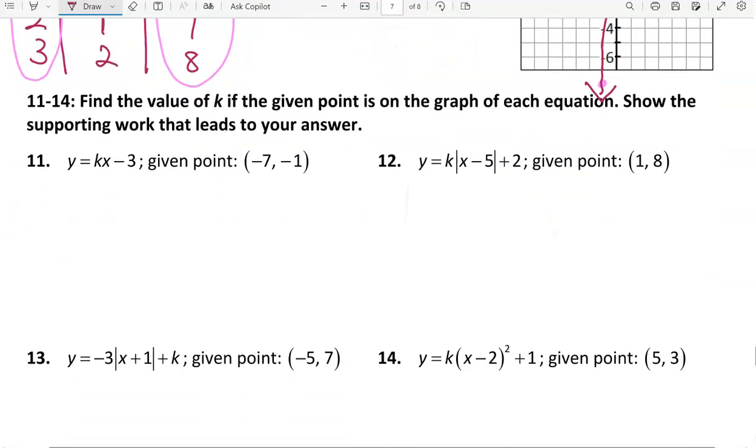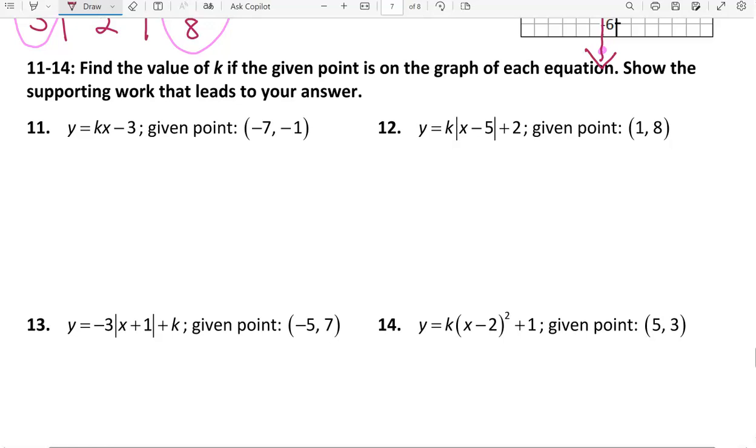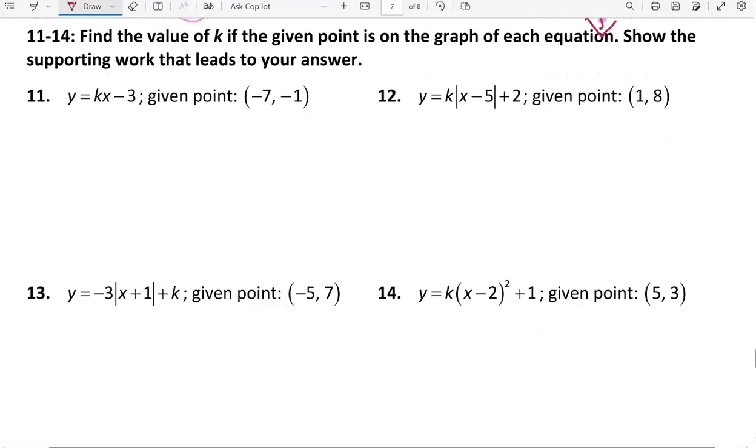I don't know what to call that. All right. In 11 through 14, we're finding the value of k if the given point is on the graph of the equation. So, if a given point is on the graph of the equation, that means the x, y working together make the equation a true statement. In 11, the y value for the given point is -1, and the x value is -7.